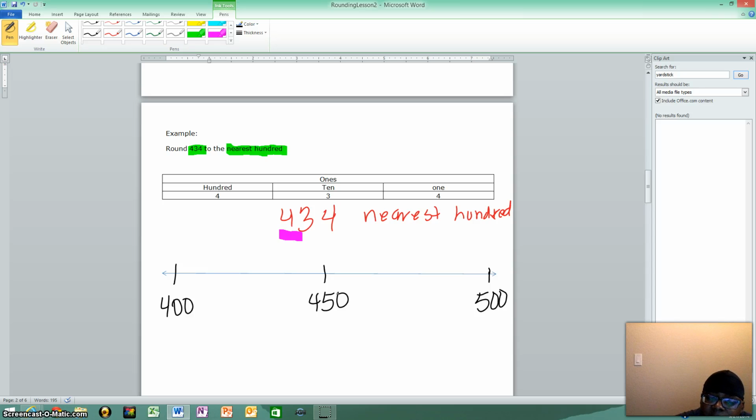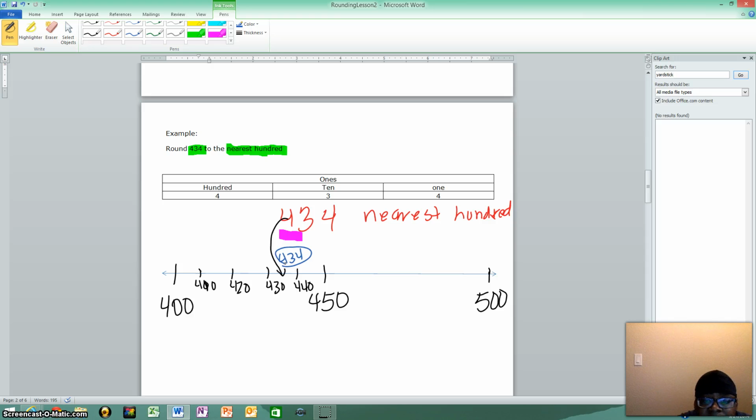If we're counting by tens here, like 410, 420, 430, and then 440 on this number line, then 434 would be somewhere right here. So that's going to be 434, right there. Let me circle it.